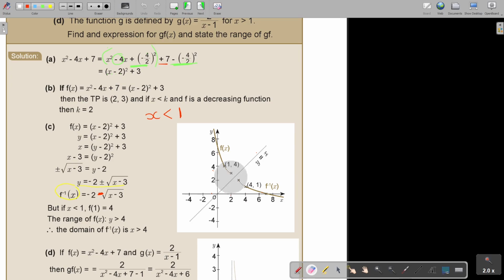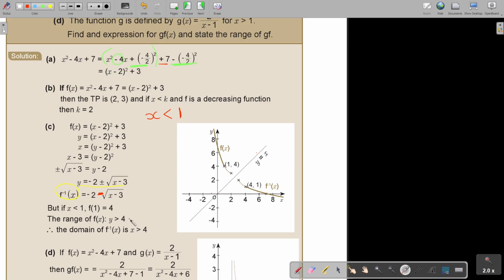That point was the turning point, but it was not part of it. They made it shorter. So the range is y is bigger than 4. It depends if the value is included. This is not included, so that value will not be included.